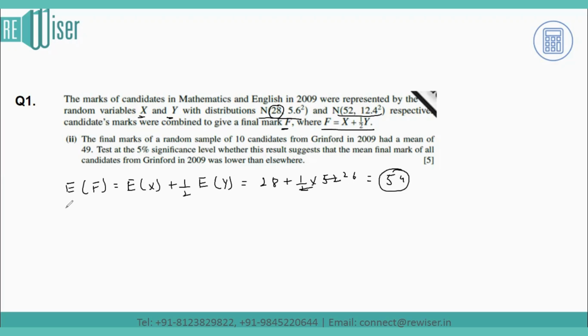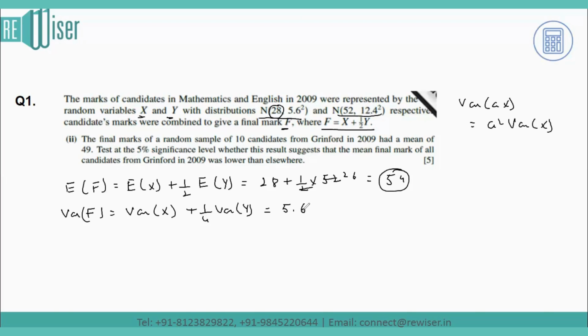Similarly, we need to calculate the variance of F. The formula for the variance of F will be variance of X plus 1 by 4 variance of Y. The formula that we have used here is that if we are finding the variance of aX, it becomes a squared variance of X. Similarly, for variance of half Y, the value of a is half, so a squared means 1 by 4 into variance of Y. So the variance of X is 5.6 squared plus 1 by 4, and the variance of Y is 12.4 squared.